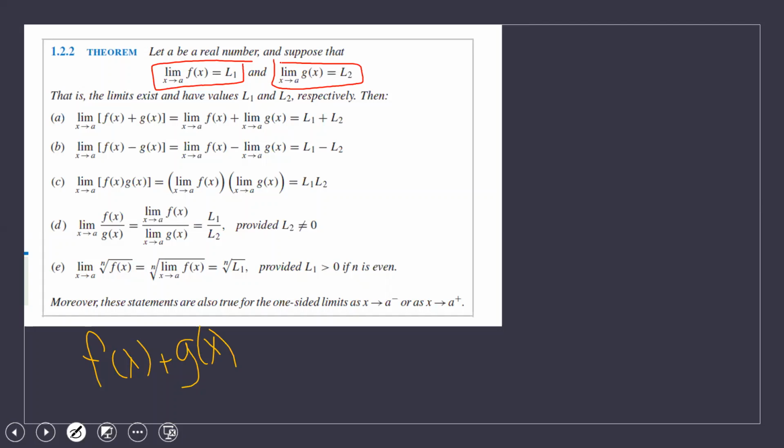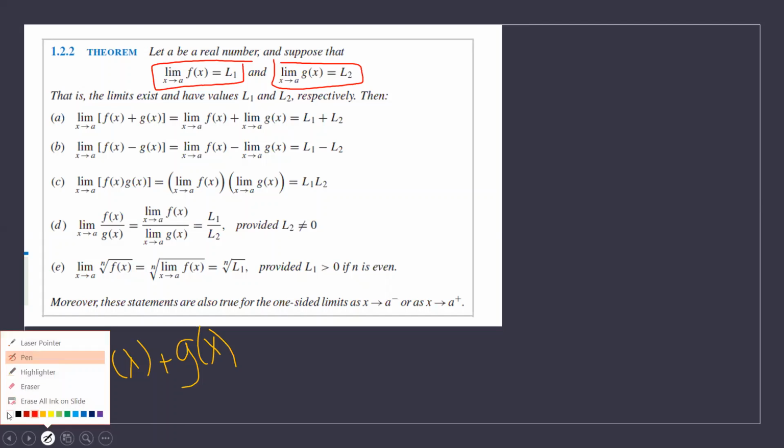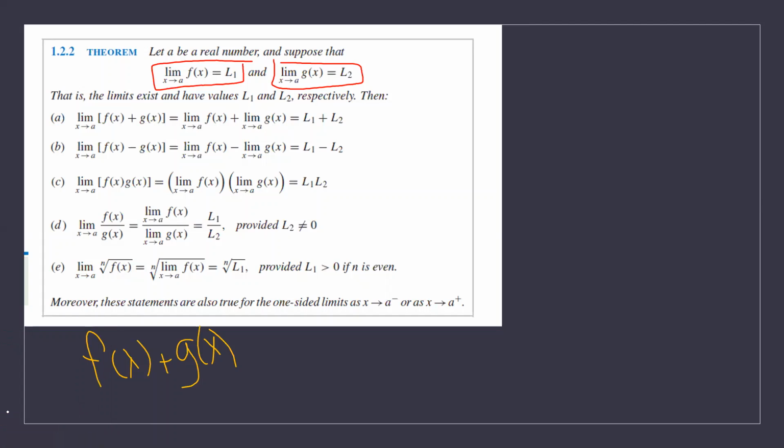If these limits exist and have values L1 and L2, then for the limit of f of x plus g of x when x approaches a, I can now expand it.